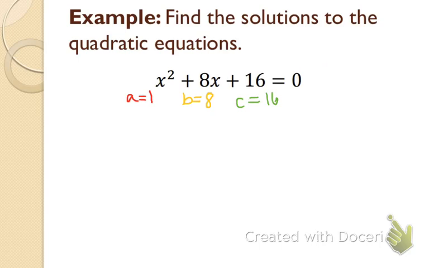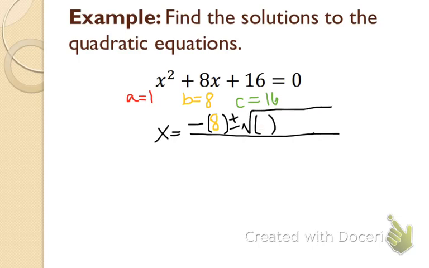Okay, now it's time to substitute into the quadratic formula. And it starts off with x is equal to minus b, which is 8, plus or minus the square root of b, which is 8 again, squared, minus 4 times a, which is 1, times c, which is 16, and everything divided by 2 times a, which is 1.